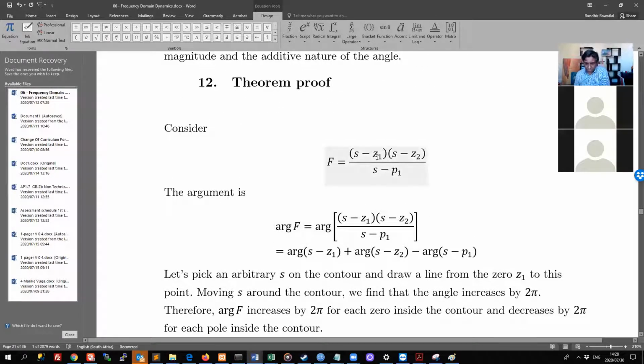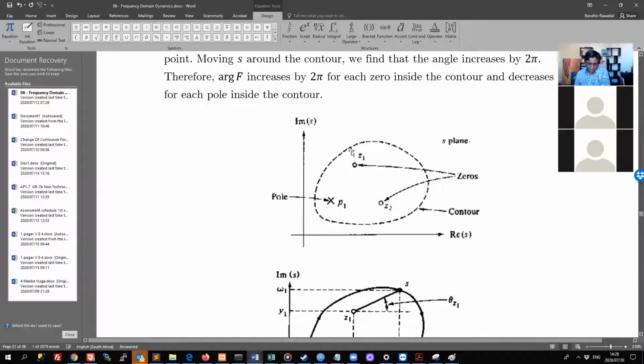So we take a simple example where we have 2 zeros and 1 pole, and we look at this closed contour. We arbitrarily chose in the S-plane the 2 zeros and the 1 pole, and we pick a point, and as we move around this space, you can see the angle here changes by 2 pi, the angle here changes by 2 pi, and here, remember the pole is in the denominator, so as we move around here, we subtract 2 pi.